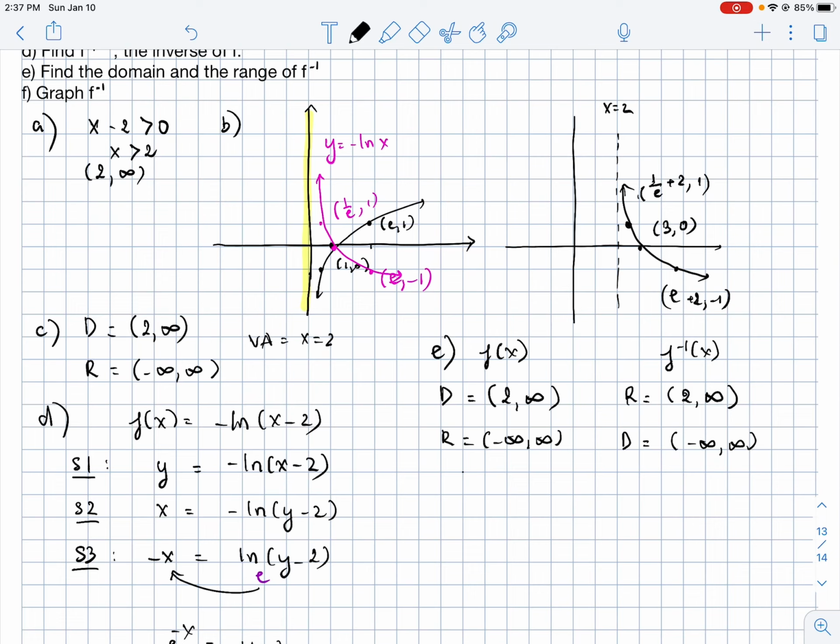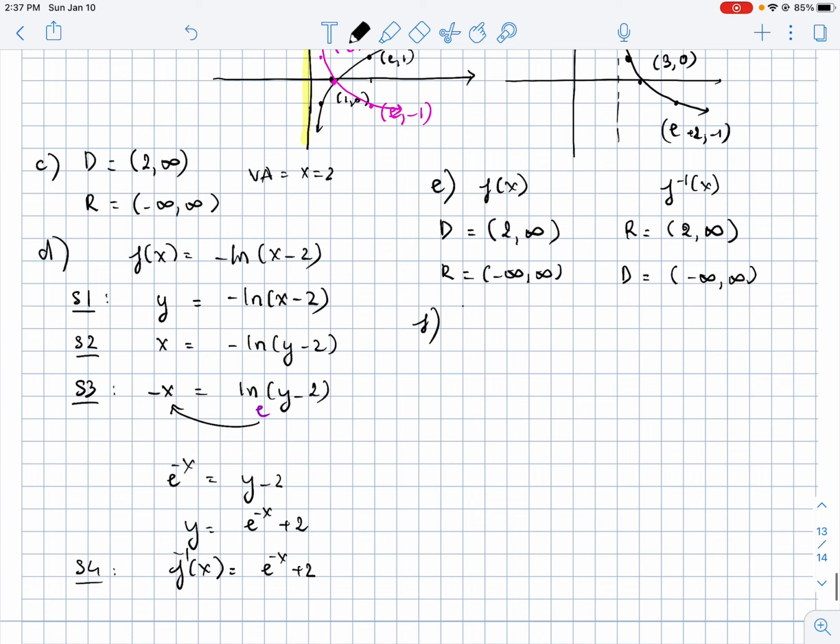In part F, we want to graph f inverse. After we graph f inverse, we can verify part E, the domain and the range. So I want to make a quick sketch for this. We learned in the section before that the graph of e to the x looks like this.